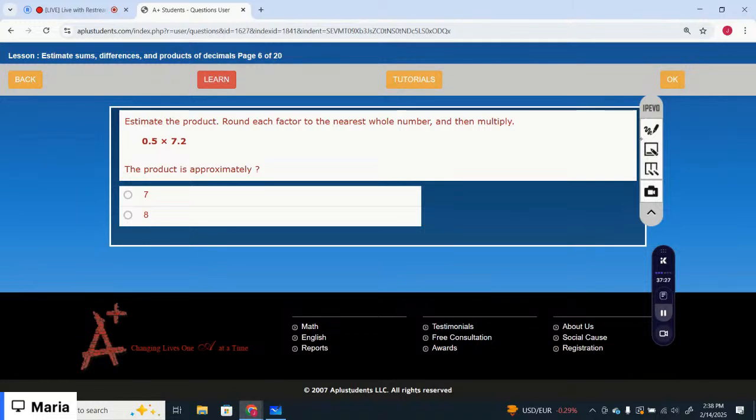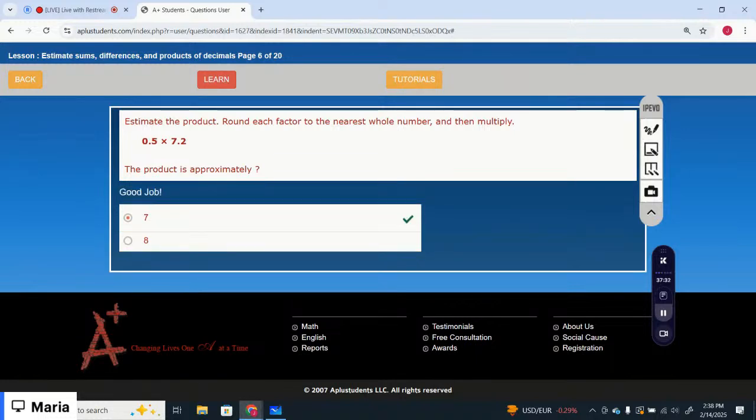So 1 times 7 is 7. Option number 1 is the correct option.